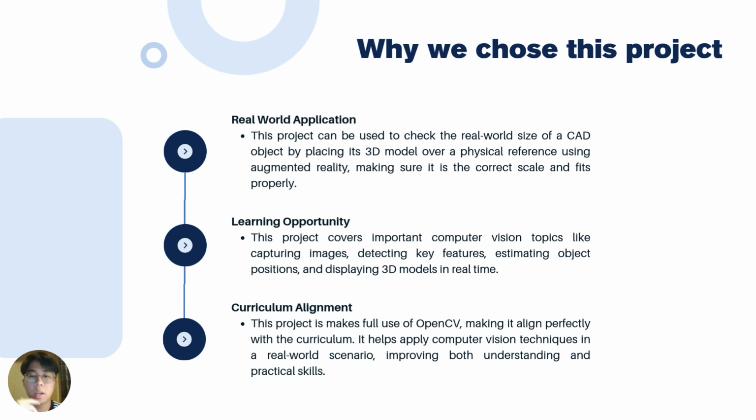We can ensure the object is the correct scale and fits properly before manufacturing or assembly. This method reduces the need for physical prototypes, saving both time and resources. It has practical applications in industries like engineering, product design, and manufacturing.